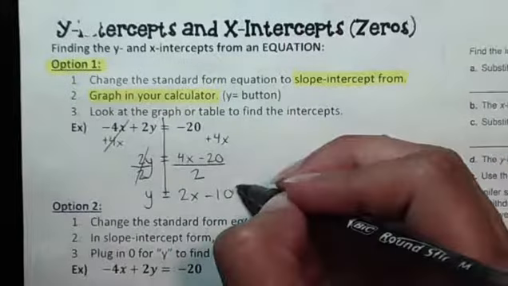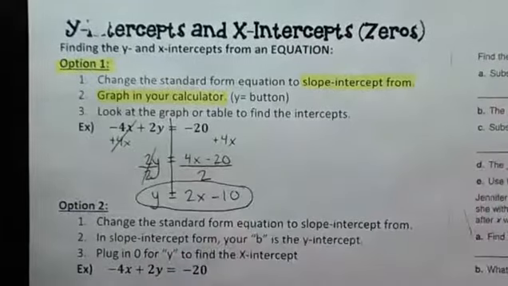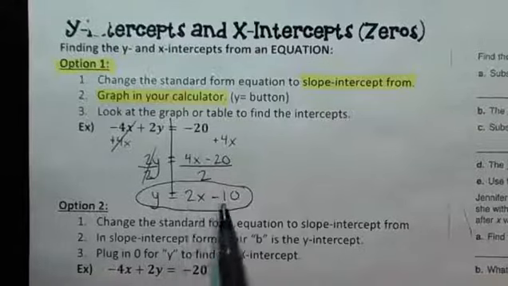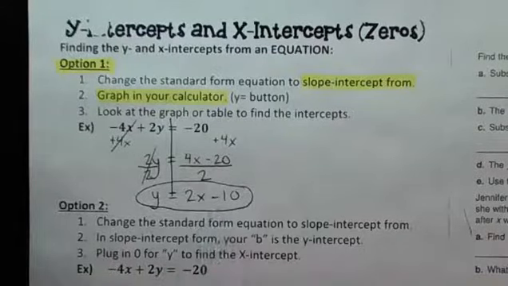Y equals mx plus b. Okay, so that's my equation. From here I have to identify my x-intercept, or my 0, and my y-intercept. Now, since it's already in y equals mx plus b, I already know one of those. Which one do I know? The x or the y-intercept?